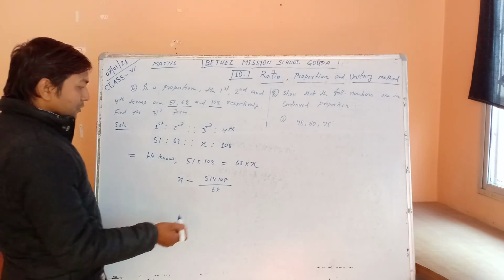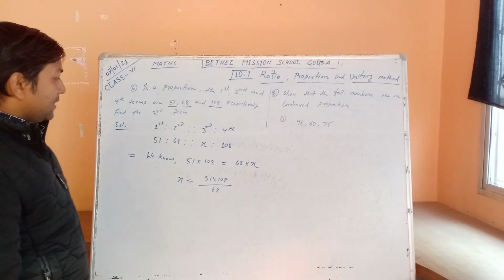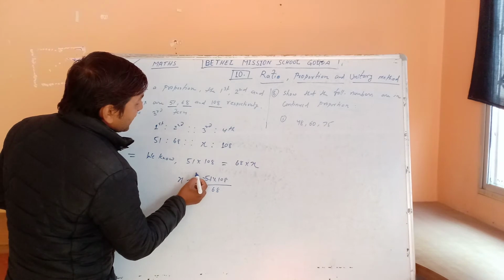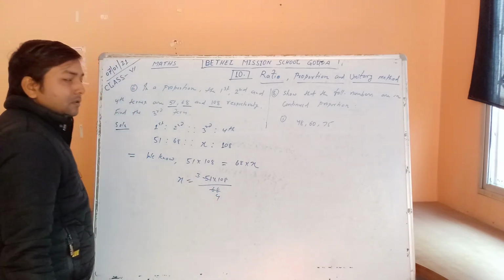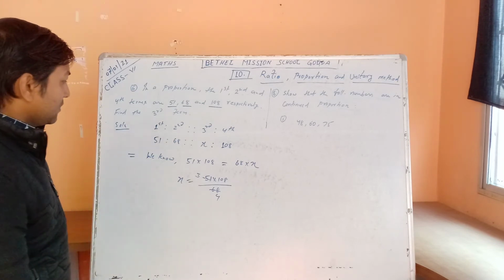Also you know that 51 and 68 can be divided by 17, 3 times and 4 times. 17 threes are 51 and 17 fours are 68.